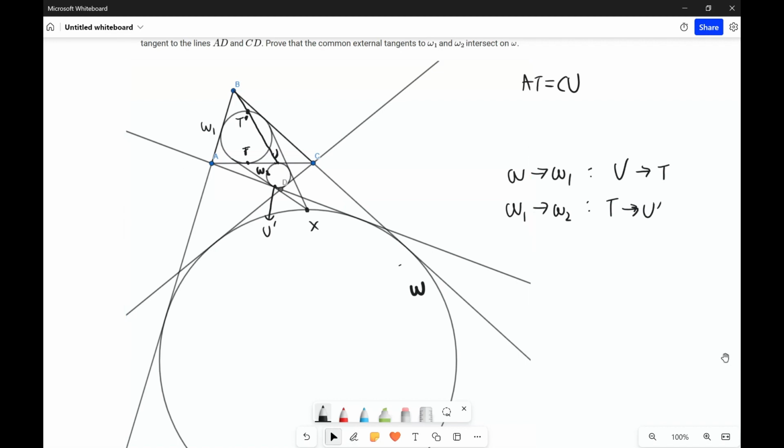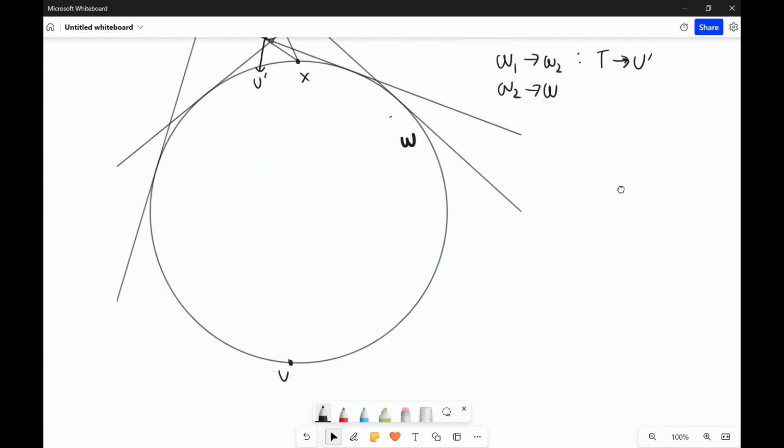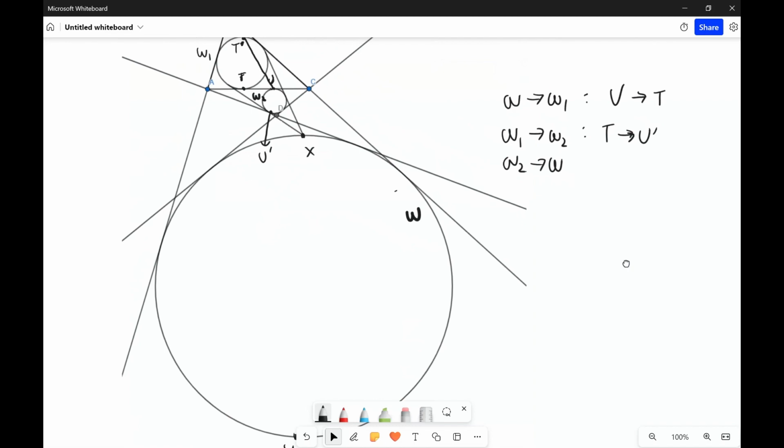Now let's consider omega 2 to omega, because that will bring us back to where we started, in a way. Then omega 2 must send this point U prime to a point on the circle here, because V started on the circle to start with. But now we note that this homothety here is positive, and this is positive, and this is negative. So the composition of all the homotheties is just negative.